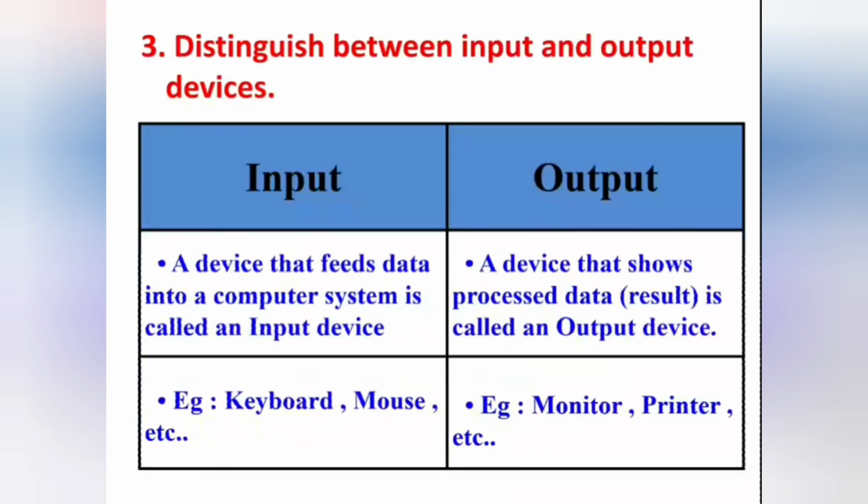If we want to give the instructions to the computer, how can we give the instructions? We can give the instructions only through some devices. That device is called the input device.